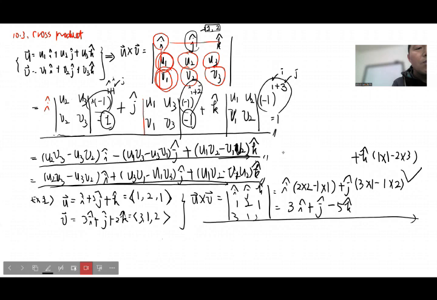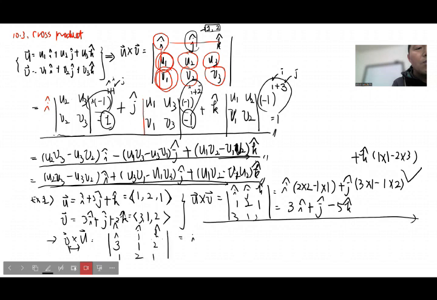Now, let's check whether the resulting cross product is the same when changing the order of U and V. So now you want to calculate the V cross product U. You reverse the order of the U and V vectors in the cross product. So that is I, J, K, 3, 1, 2 and 1, 2, 1.